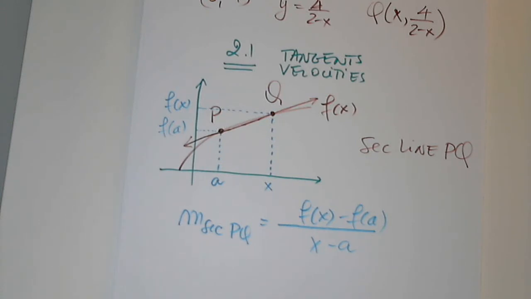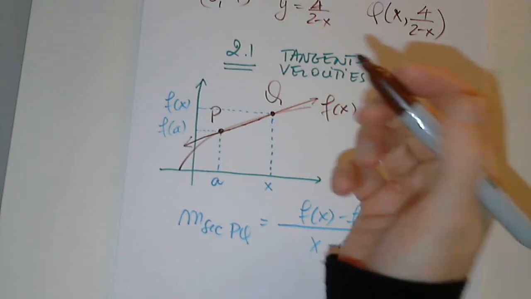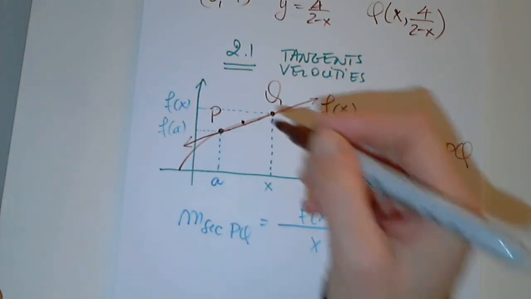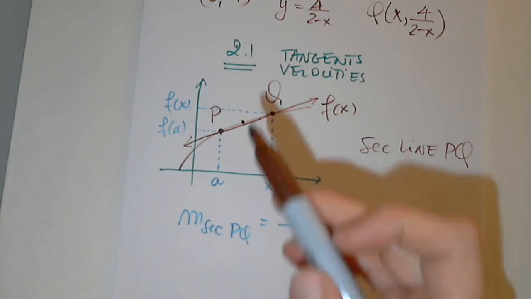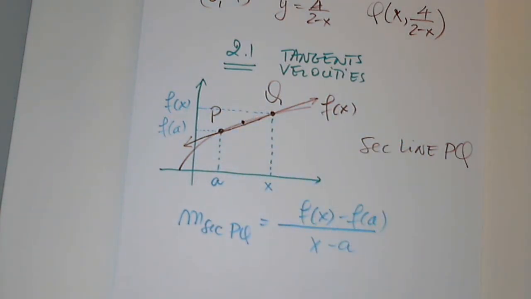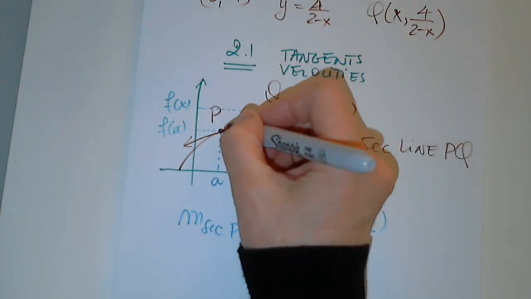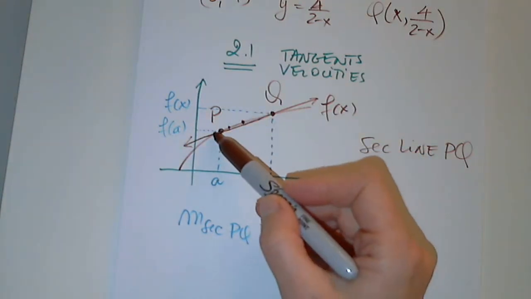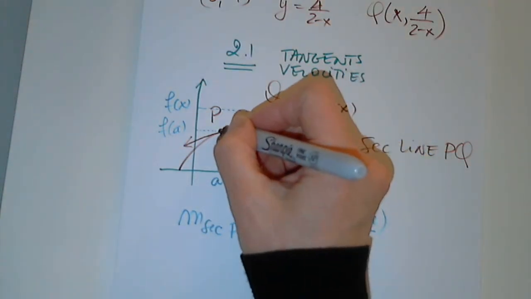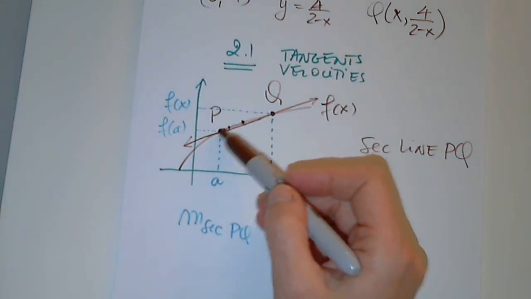Now, here's what I would like to do. I would like to move this point Q here, and I would like to determine the slope of this line. And then I will move Q here, and determine the slope of this line. And then I will move Q here, and determine the slope of this line.